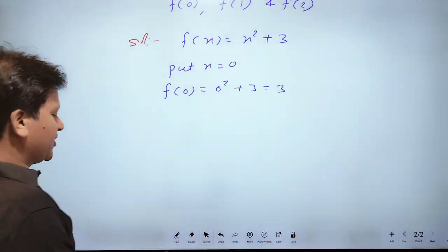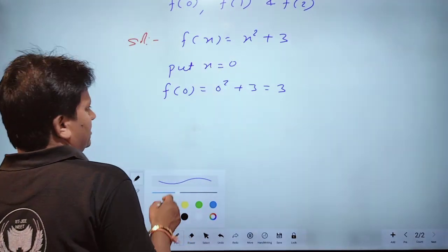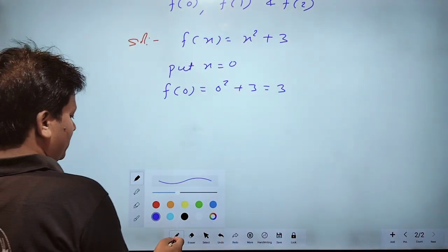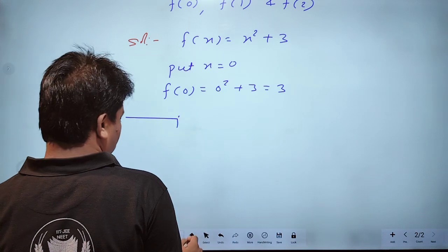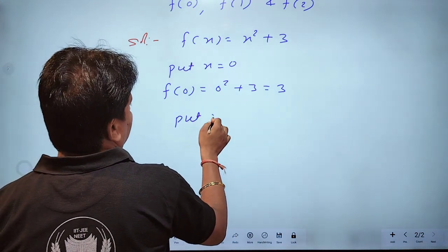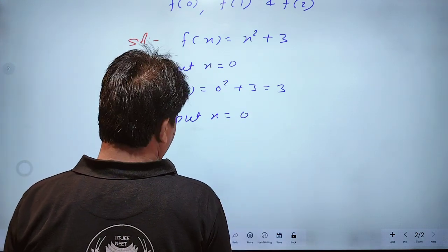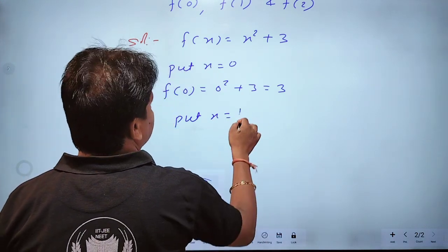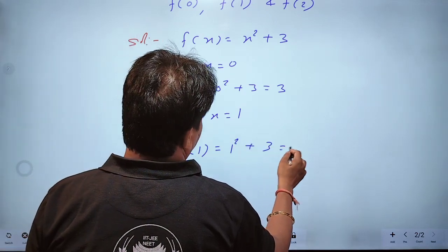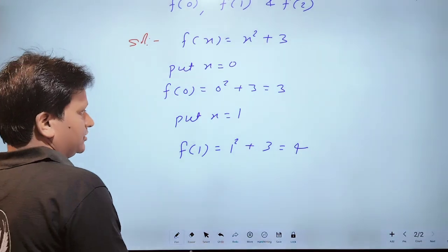Now we have to find f(1). For finding f(1), we have to put x is equal to 1. What is the value of f(1)? f(1) should be equal to 1 square plus 3, which means 4.